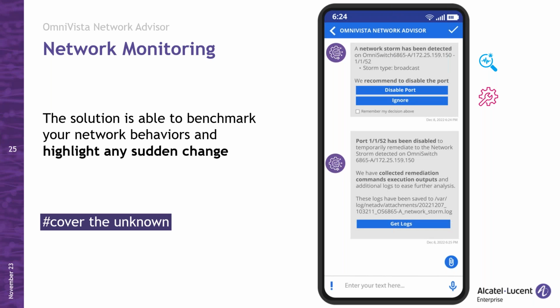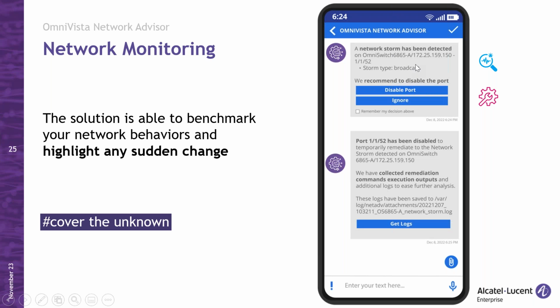Monitoring. So here shows how the OmniVista Network Advisor is always benchmarking your network, collecting data. Because a threshold was passed, the Network Advisor detected that a storm is happening in your network.